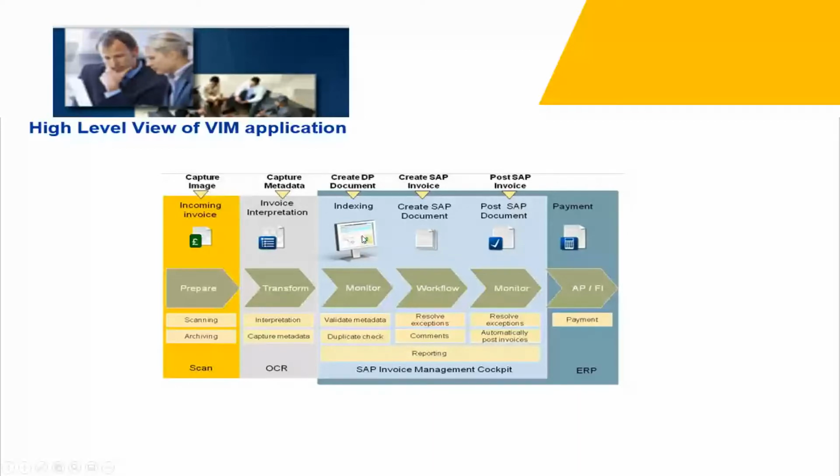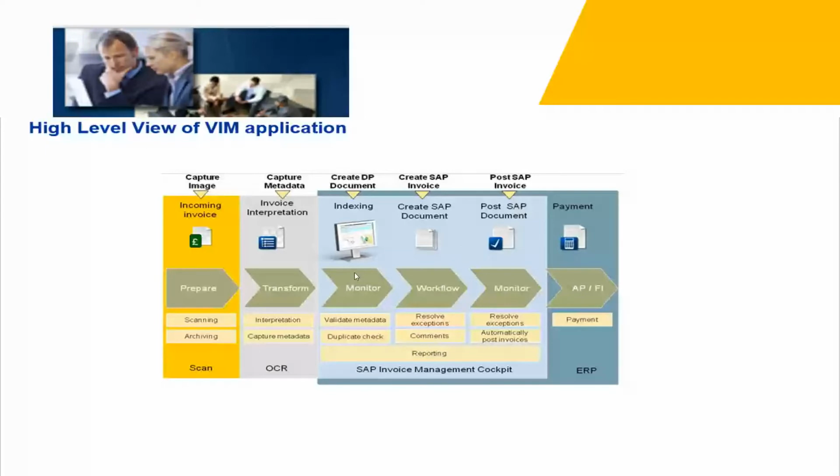Then the indexing will start. Indexing means that the indexer, or the AP clerk, a junior clerk, can view the invoice to check whether the system has correctly populated the data in the correct field or not.